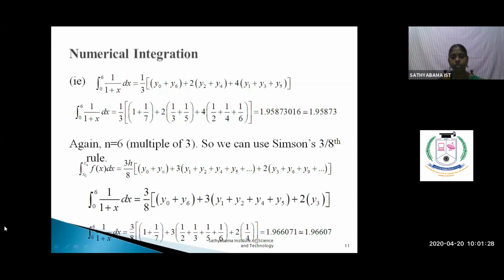And you see the second term, all the entries whose suffixes are not multiples of 3. That only we have taken here. And the third term is what? Plus 2 times of y3. Even y6 is also a multiple of 3, but we are not writing y6 in the third term. Why? Because y6 already appeared in the place of yn. So you should not write that y6 again in the third term.